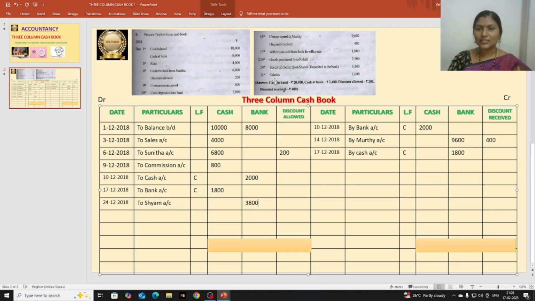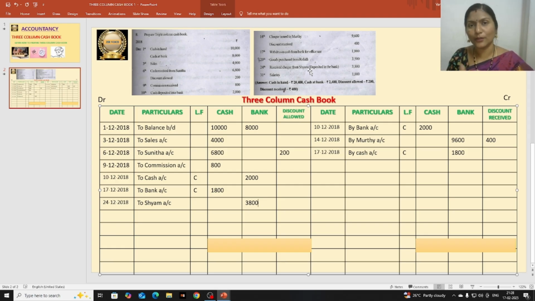Next, last transaction, 31st date. Salaries. They did not mention whether they are paying or receiving, so you will have confusion. But always the business pays salaries. You have to think from the side of the business according to accounting concepts. There are so many accounting concepts. Here, according to the business entity concept, we have to record accounting books from the side of the business.